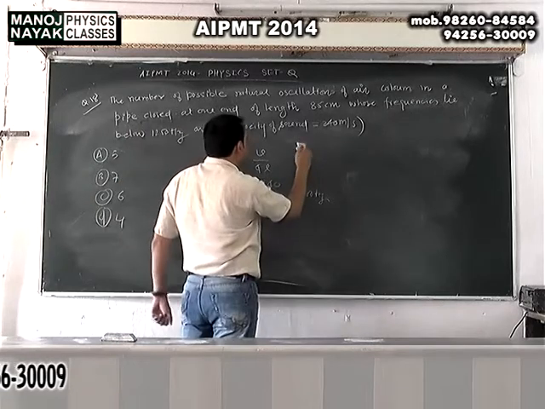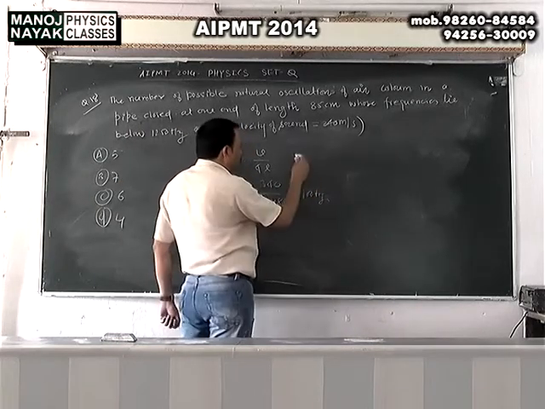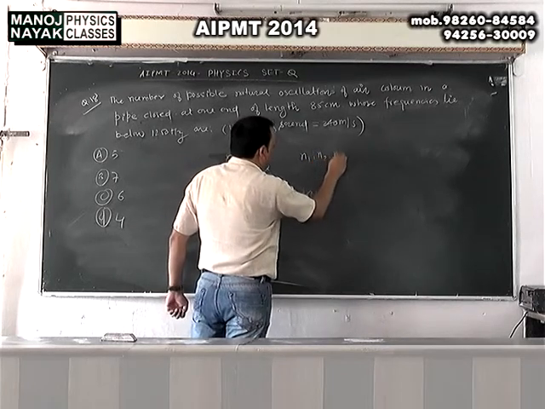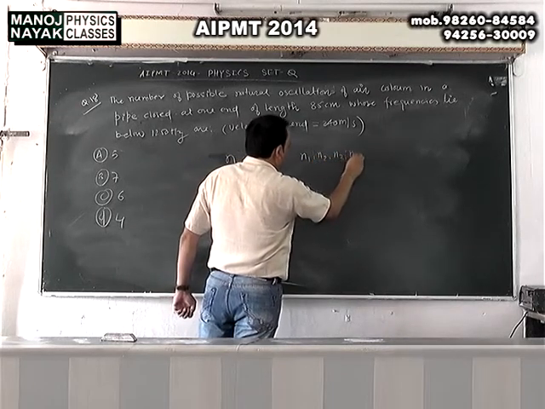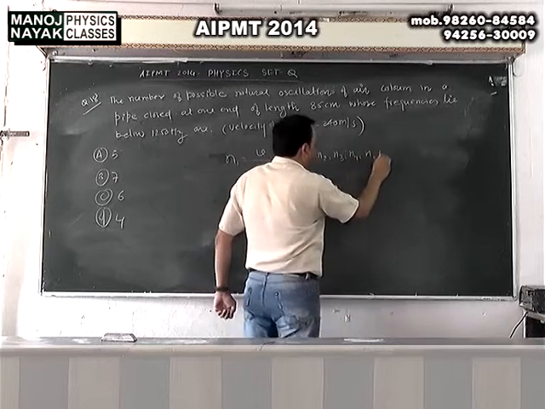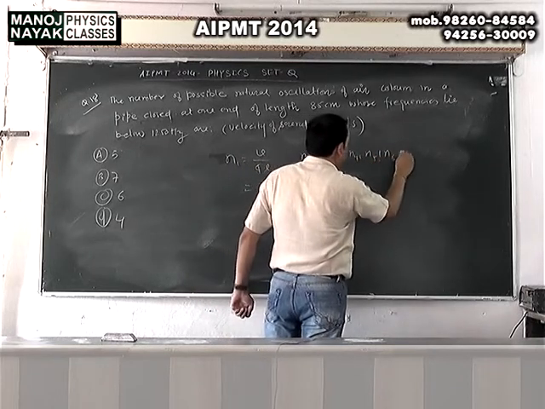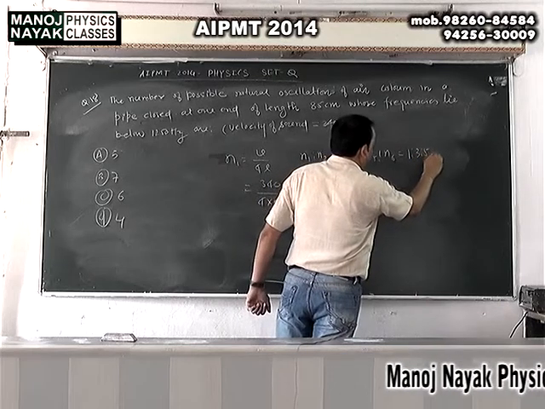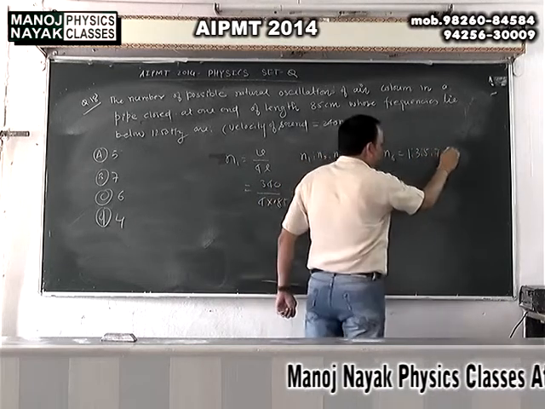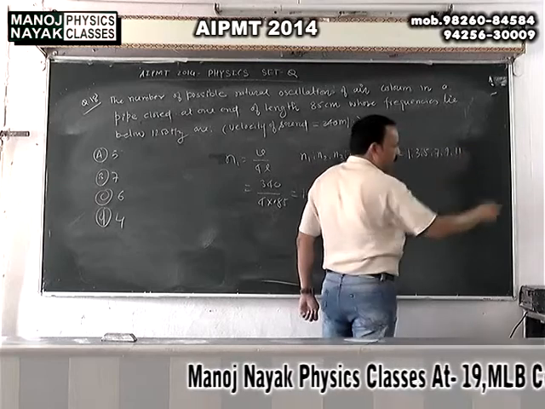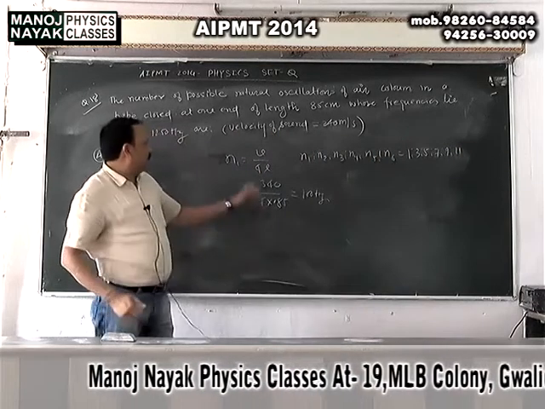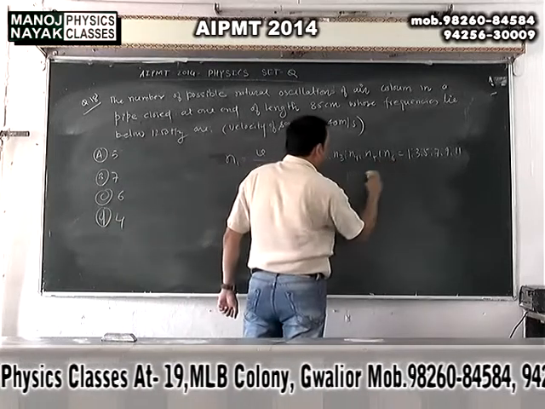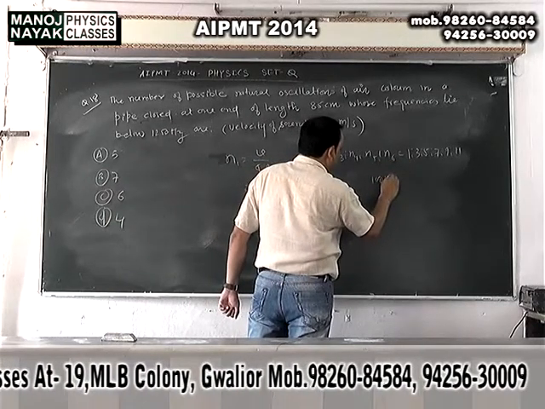Now the ratio of other frequencies, you know it very well. N1 is to N2 is to N3 is to N4, N5, N6 equal to 1 is to 3 is to 5 is to 7 is to 9 is to 11, and so on. If the fundamental frequency is 100 hertz, then the first frequency is 100.